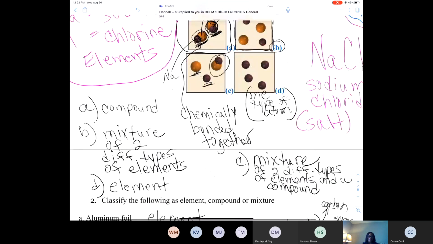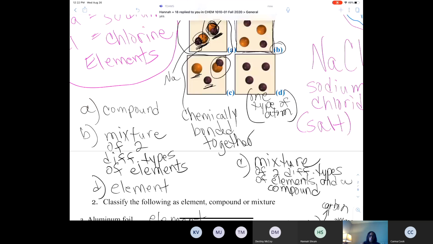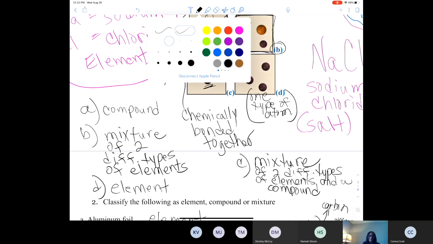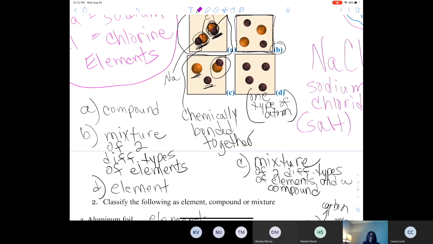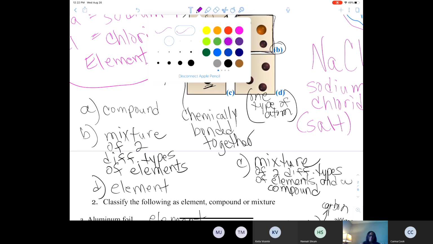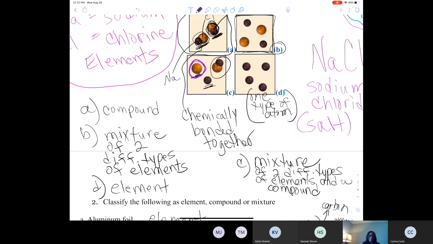And so in part C, what we have here is our light brown circle. We also have a dark brown circle. And then we have a light brown circle and a dark brown circle that are connected together.